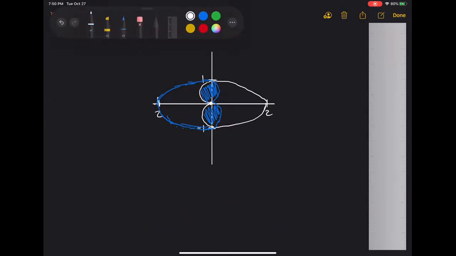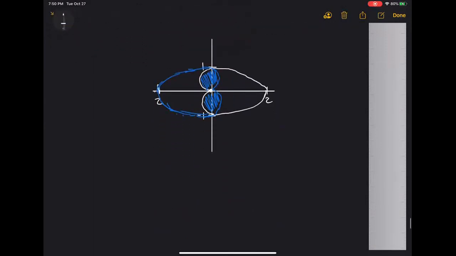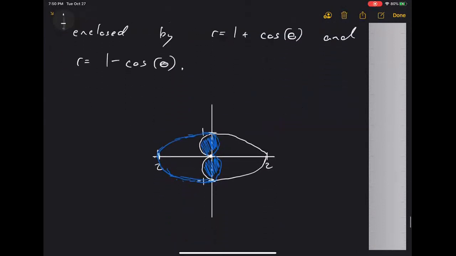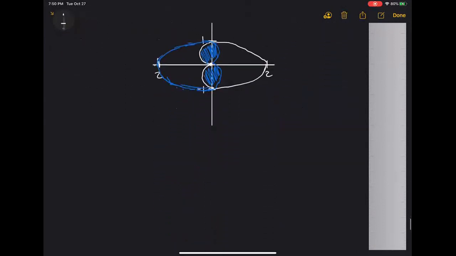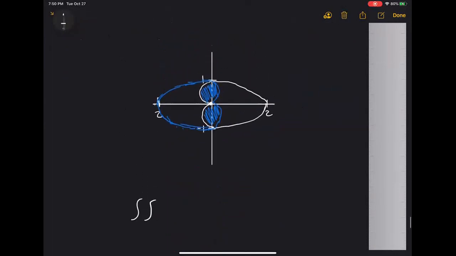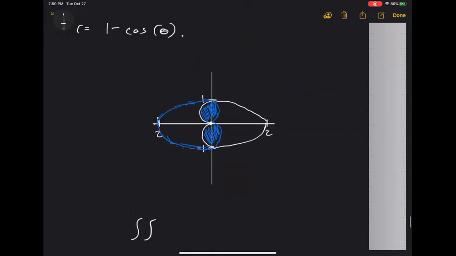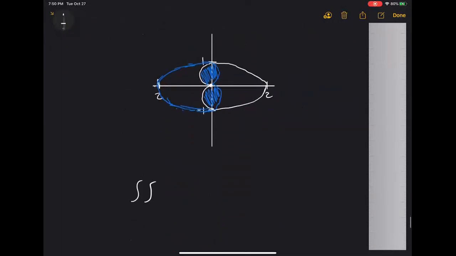So we can use symmetry a little bit. Honestly, we could do this just as a single integral.